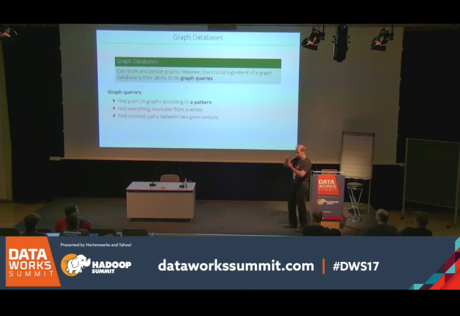Or you have 2 vertices and want to find the shortest path. These are typical graph queries, and the method to do that is something called graph traversals, and I will explain this on the next slide, what it is.